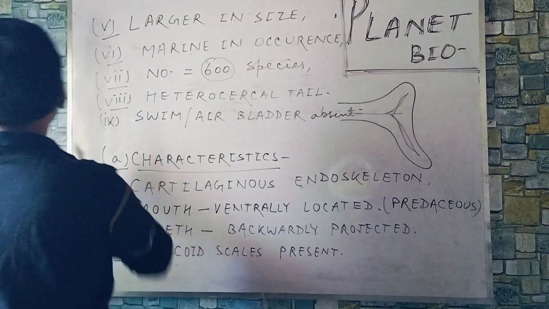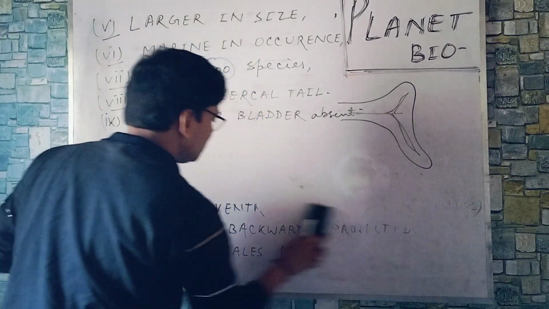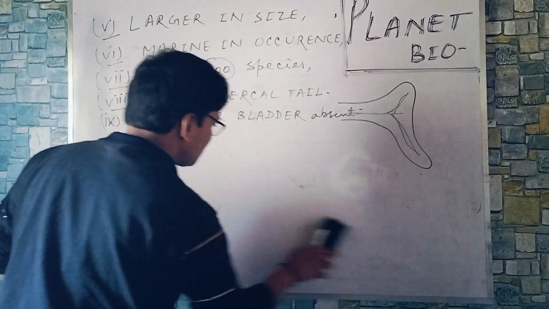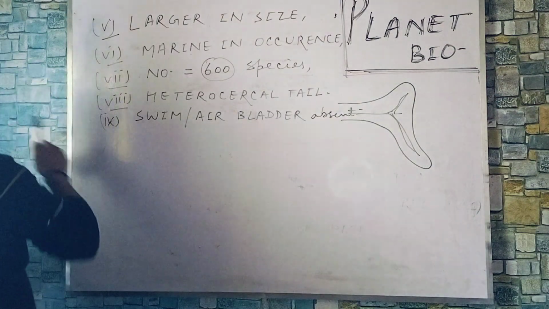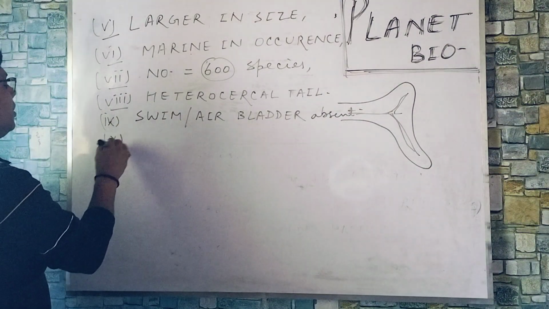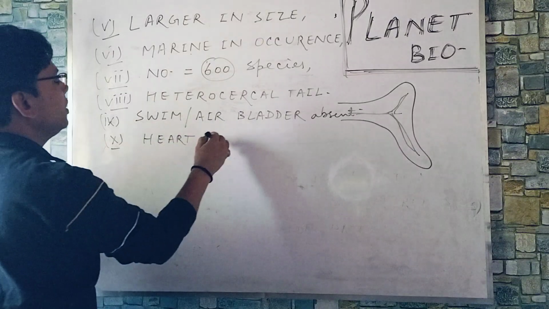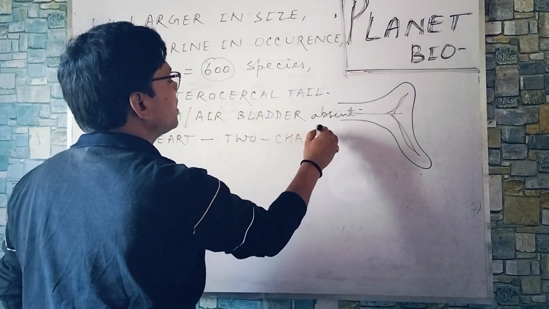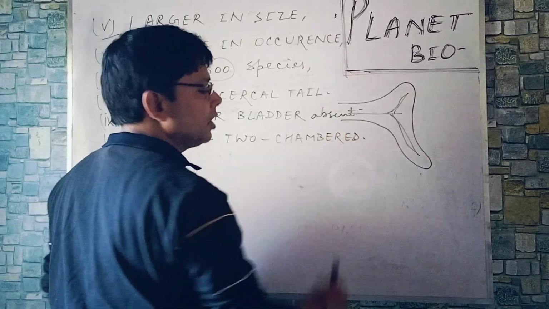Now, what you have to write and learn first for your board exams, then NEET exam. Heart is two-chambered. Two-chambered means one auricle and one ventricle.